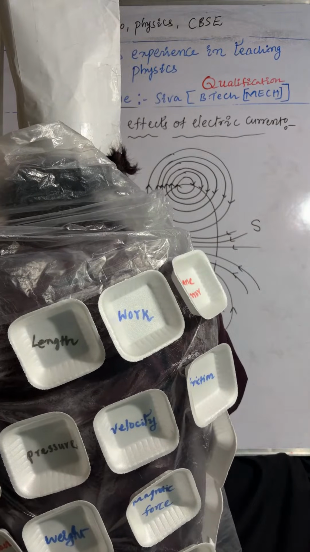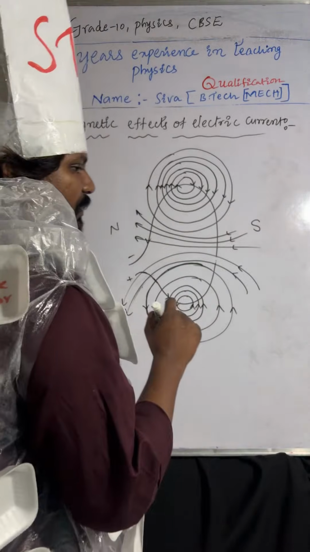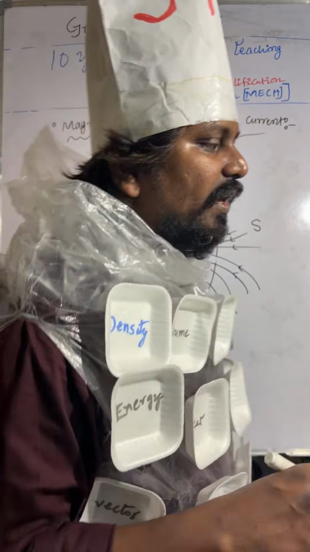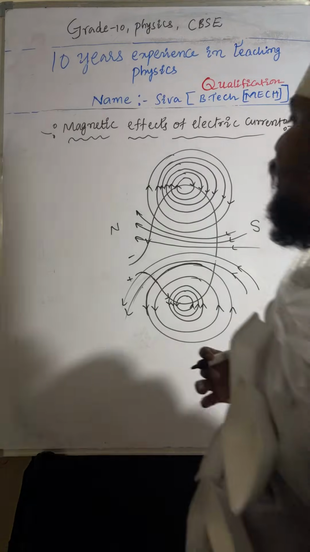We know when the current is passing through the conductor, magnetic field will be produced around it. By using the right hand thumb rule, we can identify the magnetic field around the current carrying conductor.